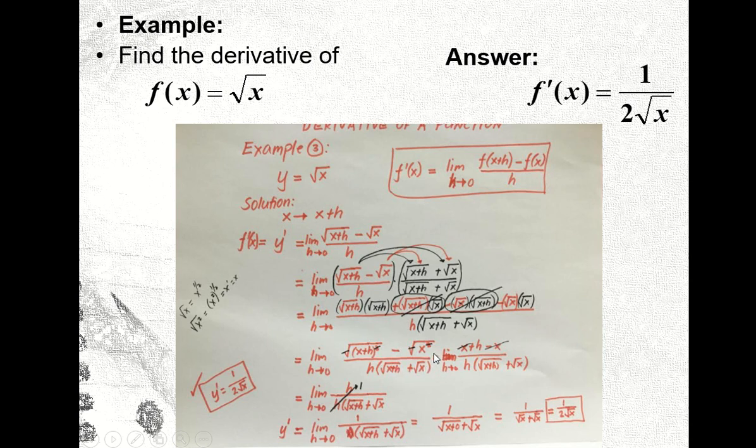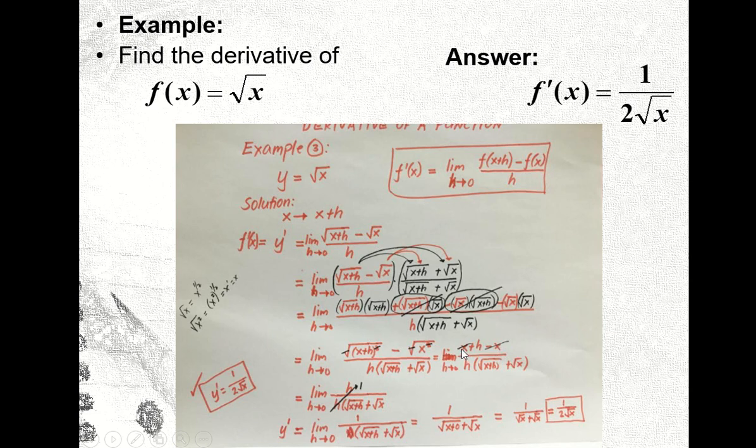Then equal to, so I put the equal sign here, limit as h approaches 0, and this is now x plus h. Okay, so after evaluating, this becomes x plus h, right? Then you do the same thing here. From the law of exponents, you have x. Square root of x times square root of x is simply x.